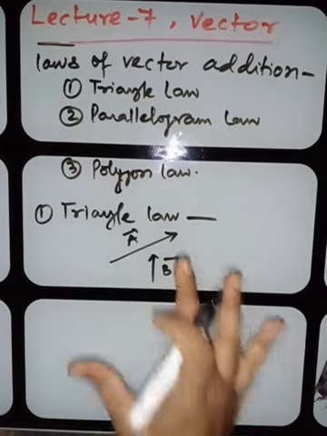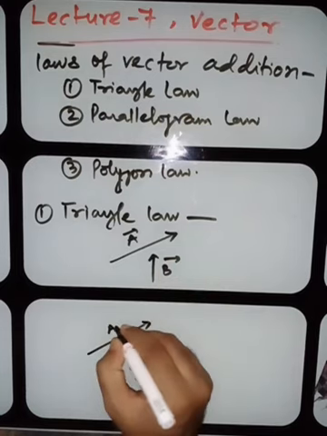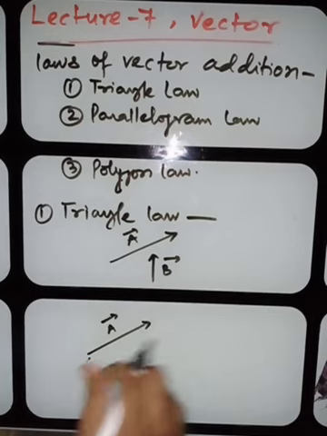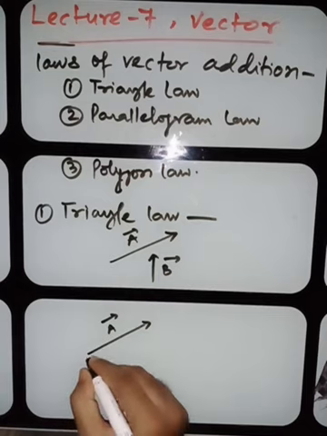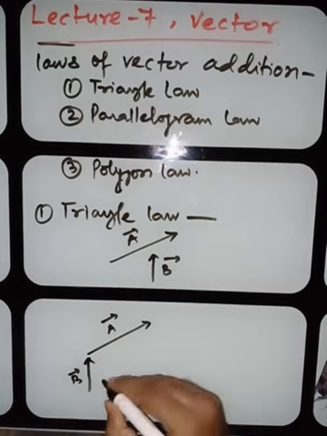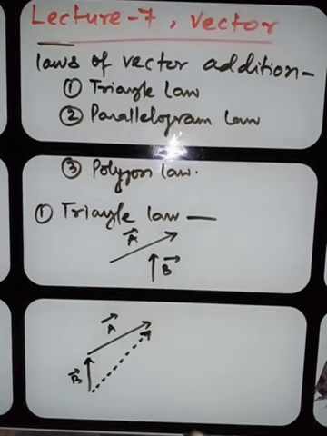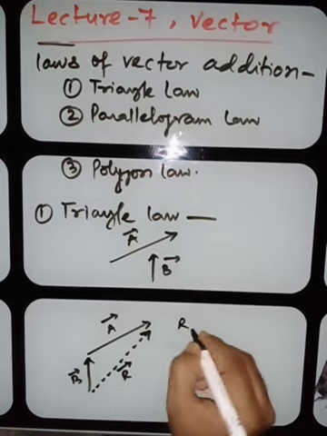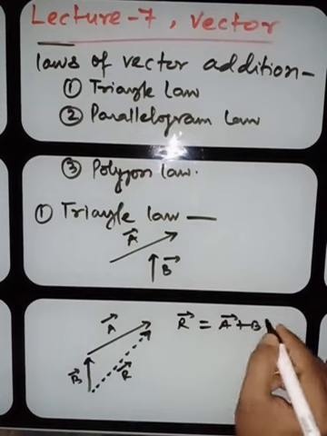So you will make this one A. You cannot change the direction, remember, and the length also. So this is B and this will be the resultant. The head of the resultant will be in this direction, and you will write R equals A plus B.